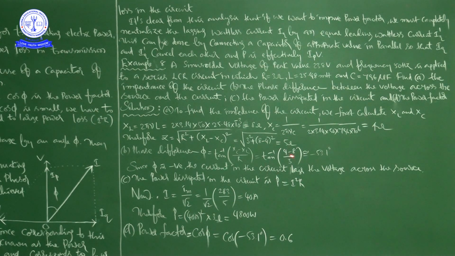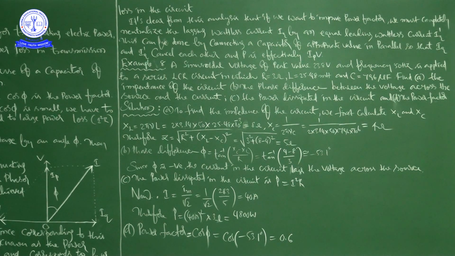Tan inverse of this value will give us approximately minus 53.1 degrees. Since phi is negative, the current in the circuit lags the voltage across the source.